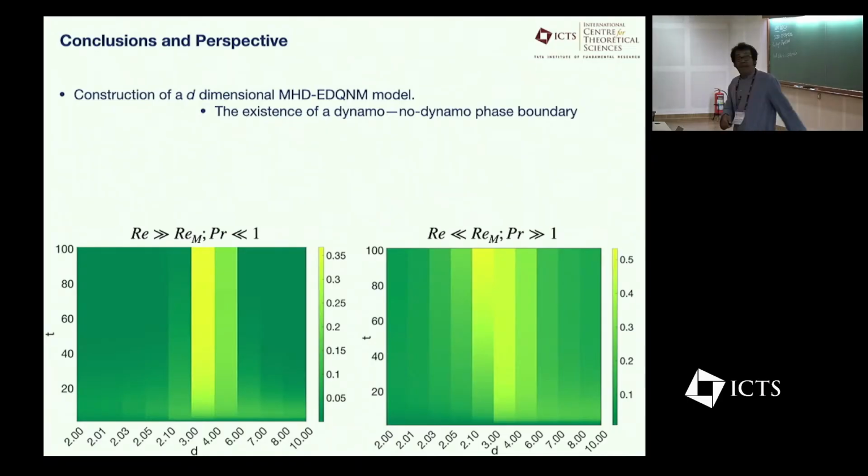Whereas for very large Prandtl number, which is much more on the cosmological or astrophysical scale, you saturate to a finite upper dimension.